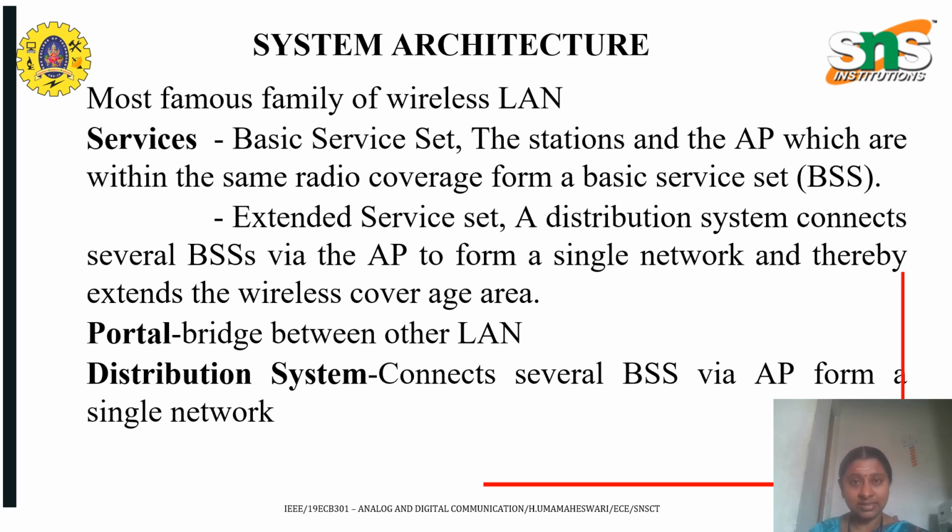An extended service set is where the distribution system connects several basic service sets via the access point to form a single network, and thereby it extends the wireless coverage area. Then we have a portal, which acts as a bridge between the various LANs. The distribution system connects several basic service sets with the access point to form a single network.